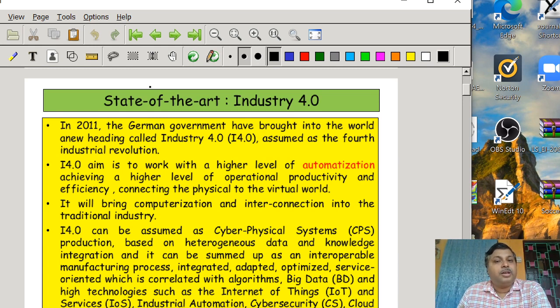Traditional industrial communication as well as automation was already there, but it will bring computerization and interconnection into the traditional industry.